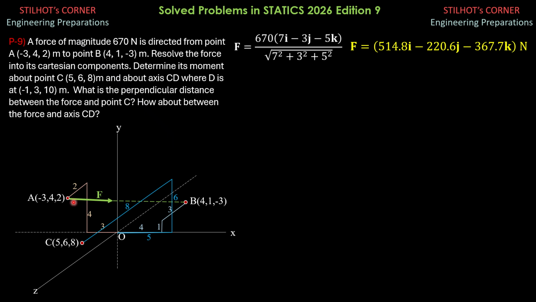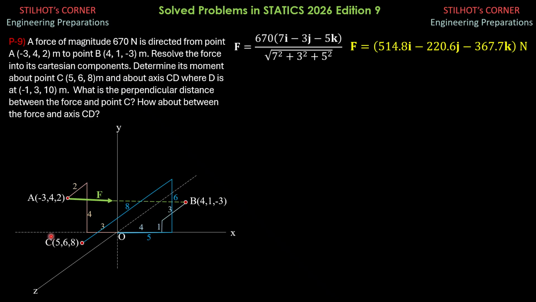In other words, they are in opposite corners of a box, but we have to position them, which one is in front or above or to the right of the other. So AC, compare X, this is -3, this is 5, so meaning C is to the right of A.